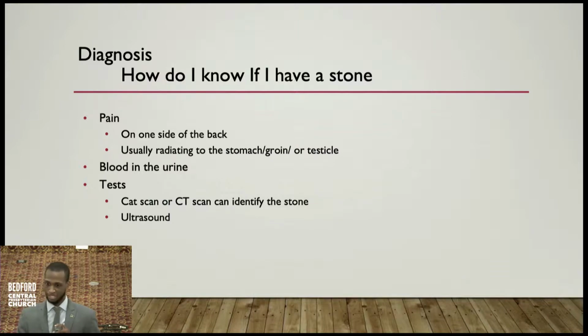What other questions? Yeah? So with juice, it depends on what kind of juice. Fresh squeezed orange juice or lemonade with real lemon juice is actually pretty good for preventing kidney stones.